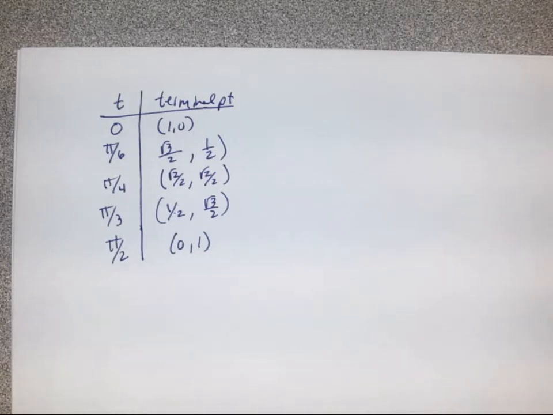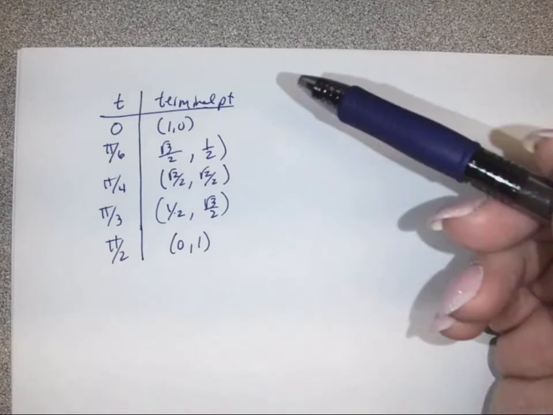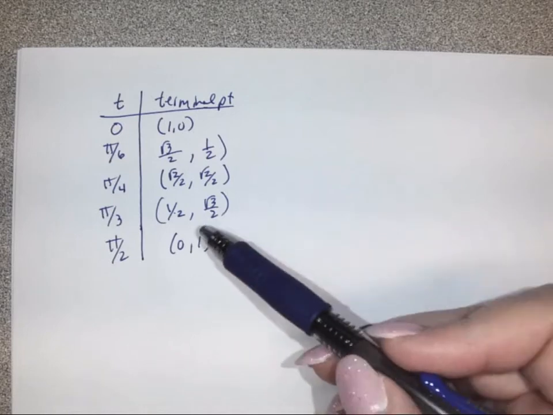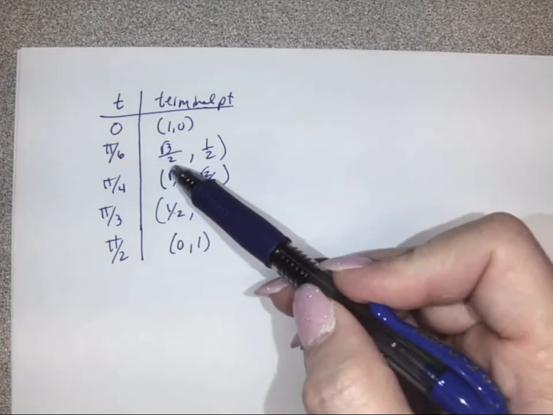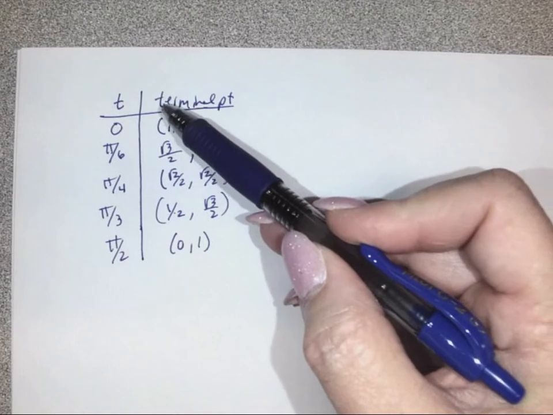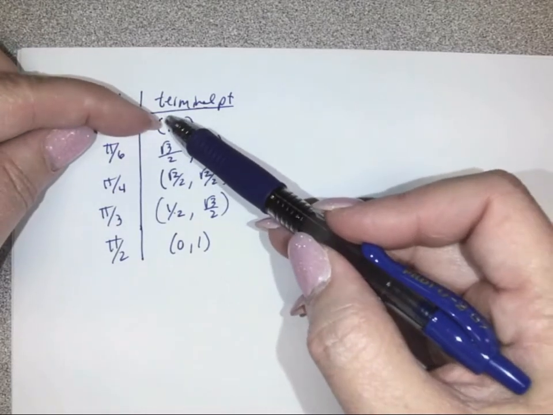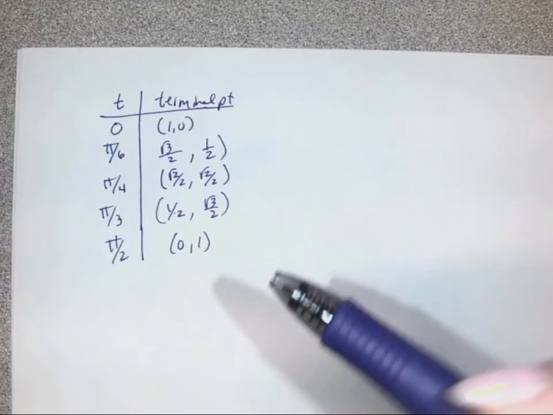There are some mnemonics that you can use as far as how it plays out. You can look at this, it goes from 0 to 1 to 2 to 3, and then it's back to 1 because that would be like 4 over 4.